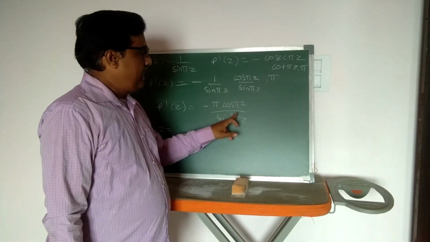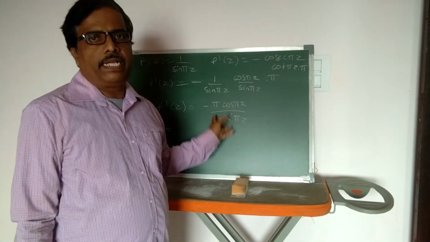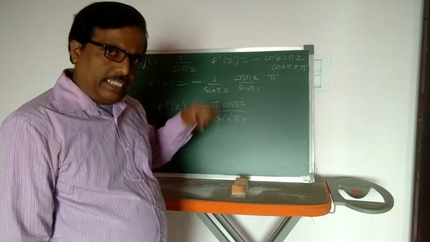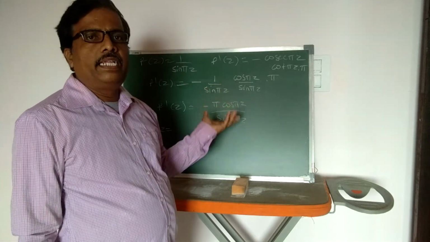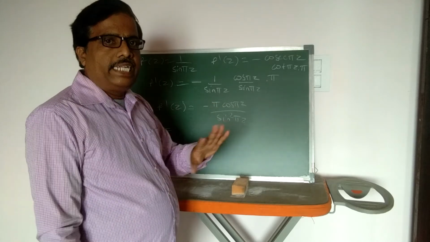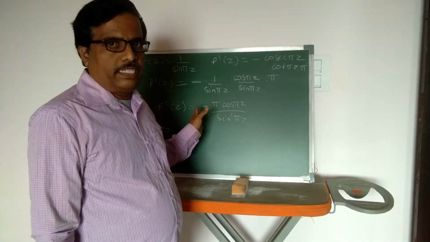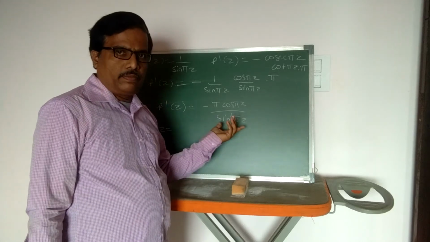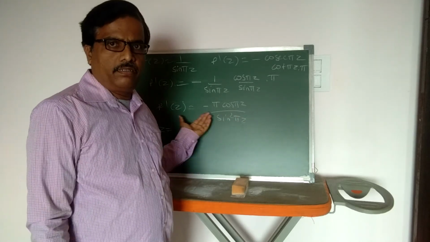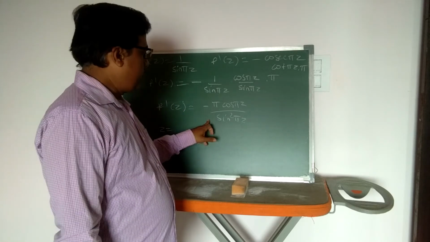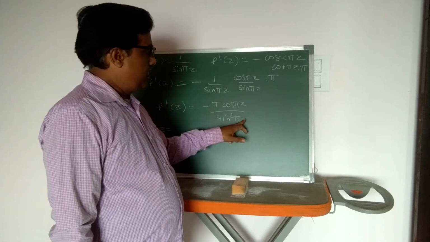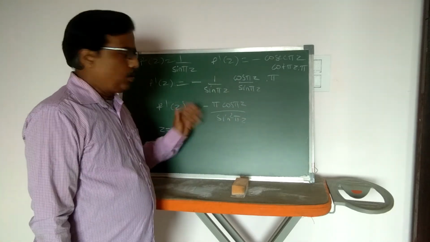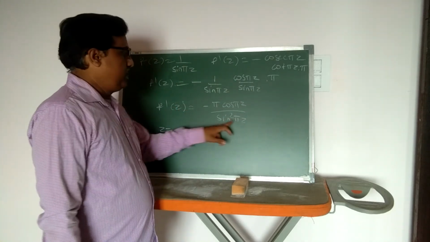When you take z is equal to 3, sin 3 pi is also 0. So sin n pi for all n is equal to 0. Similarly, if you take z is equal to minus 1, you will get the same thing, only the negative sign will occur. So that is minus sin pi, minus sin 2 pi, minus sin 3 pi, minus sin 4 pi. For all these values it gives 0.